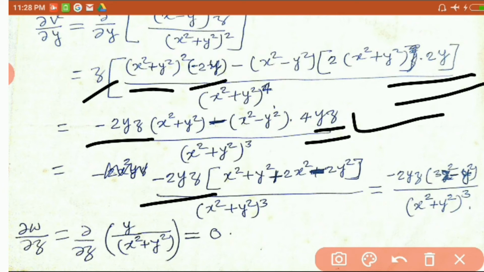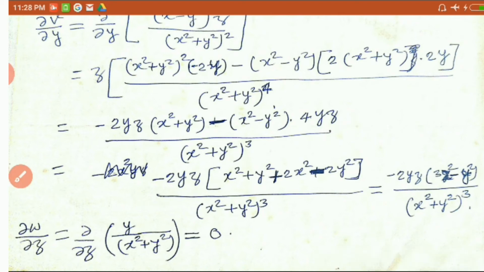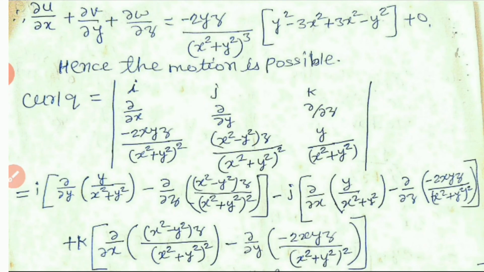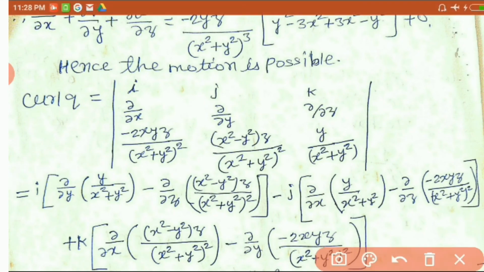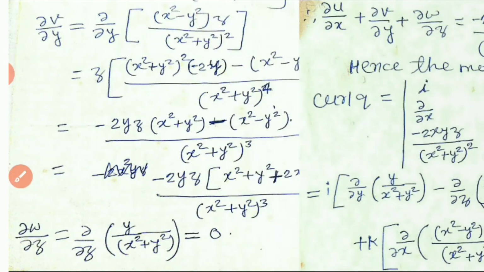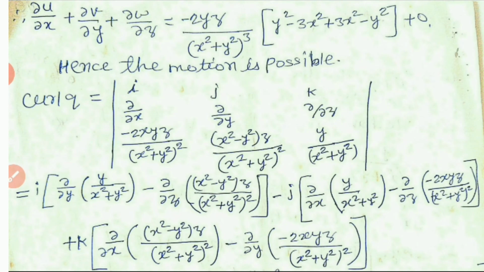Now add these dou u by dou x plus dou v by dou y plus dou w by dou z. Then what we get? We get dou u by dou x plus dou v by dou y plus dou w by dou z is equal to minus 2yz upon x square plus y square cube into y square minus 3x square plus 3x square minus y square.